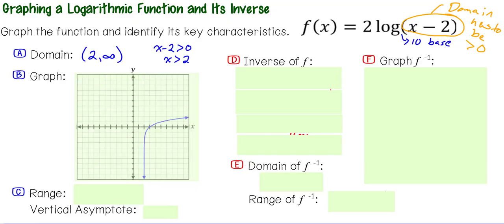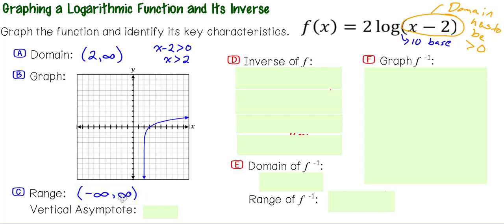And here is the graph that we just saw. The range, if you remember, goes forever in either direction, so it's all real numbers. In interval form, it would be from negative infinity to infinity. And as we stated, our vertical asymptote is along the line x equals 2.